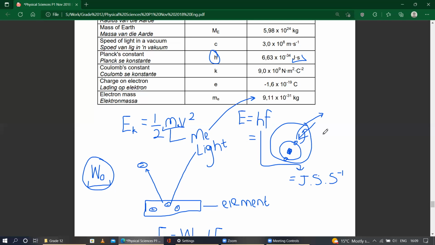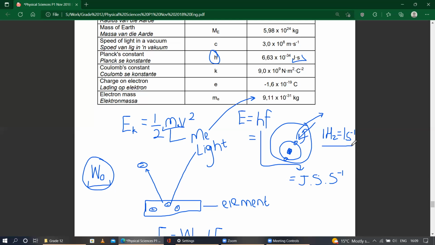So 1 hertz is equal to 1 per second. Do you see that? Yes, sir. So you are aware that 1 hertz is equal to 1 per second, right?